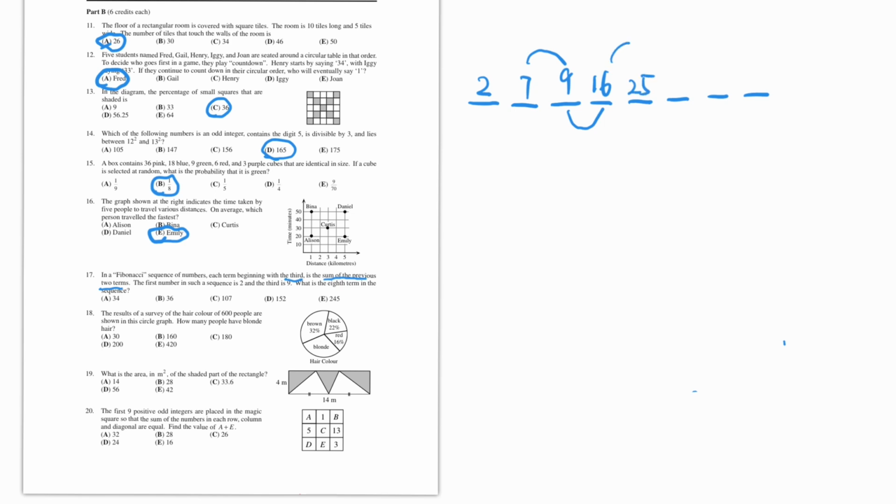And the following term is 16 plus 25, that's 41. And the next term, 25 plus 41, 66. Following term is 107. So the answer is C.